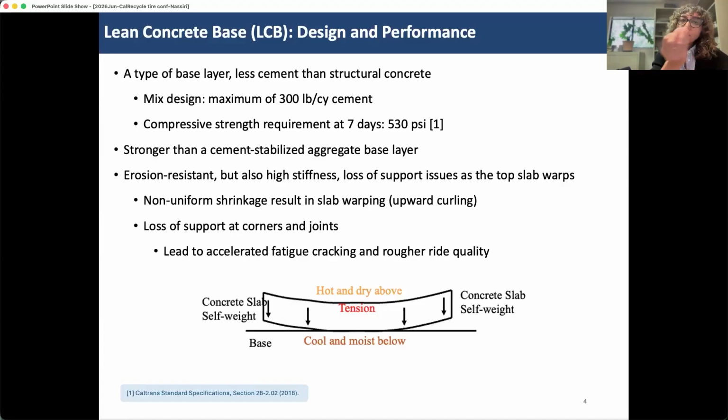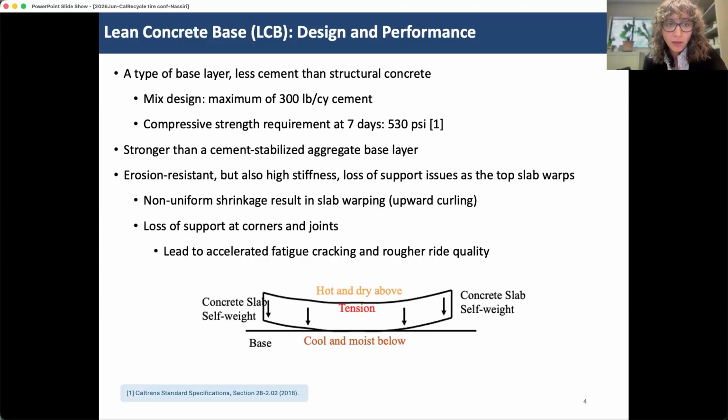This results in the top layer, about 2 inches of the surface of the concrete, drying, whereas the rest of the concrete, especially the bottom portion of the slab, generally remains saturated. This differential distribution of relative humidity across the slab results in differential shrinkage, causing the slab to form the shape of a bowl, an upward curvature. We call this either upward curling or warping in concrete pavements.